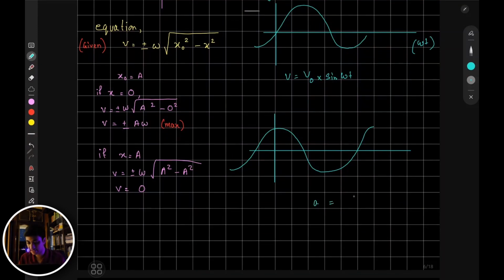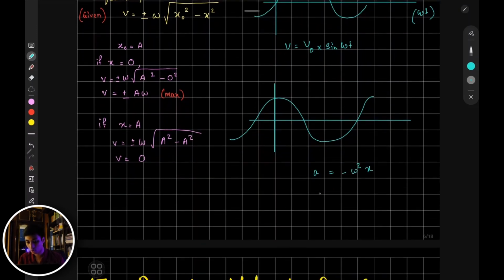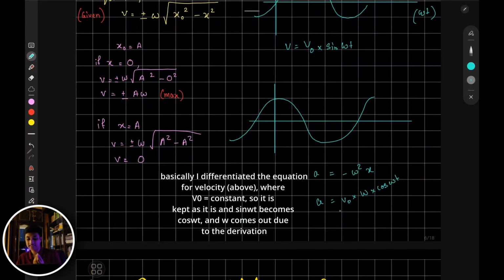So a equals minus omega squared x, or a equals v naught, the maximum velocity, times omega, times cos omega t.